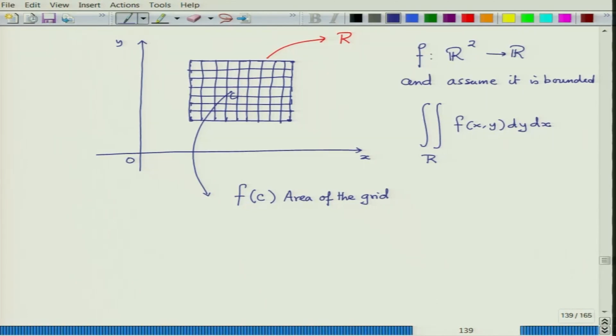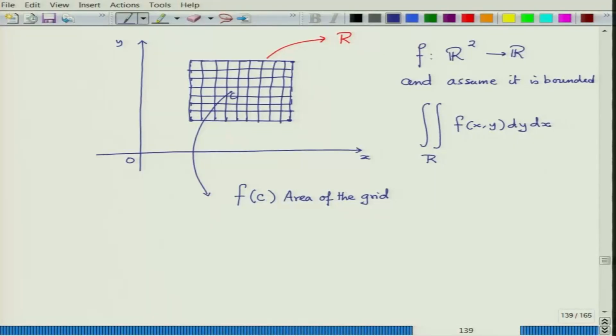So, function value times the area of the grid, that is what I will do, kind of constructing a cylinder or a parallelepiped. I will do this for just one of them, and actually I will do it for all of them. I will take some arbitrary point C, do it for all of them, and then sum that, and that is an approximation of this integral.